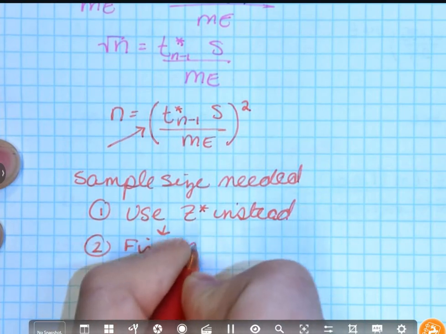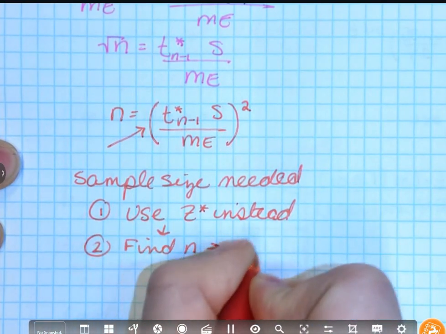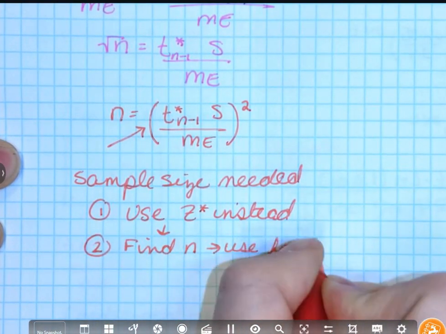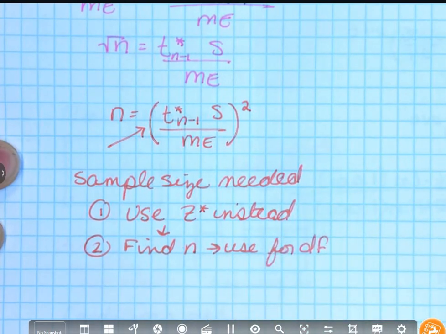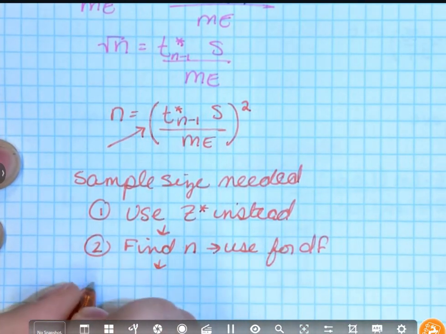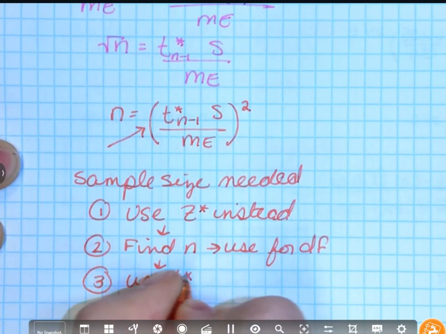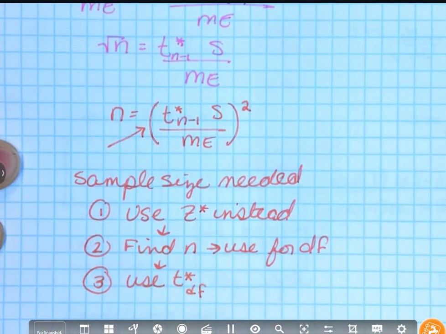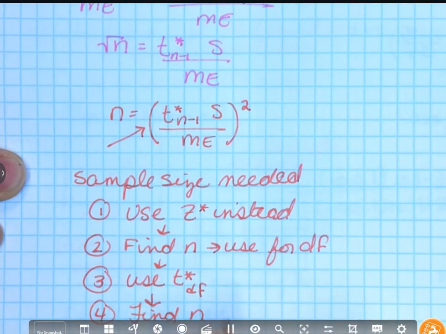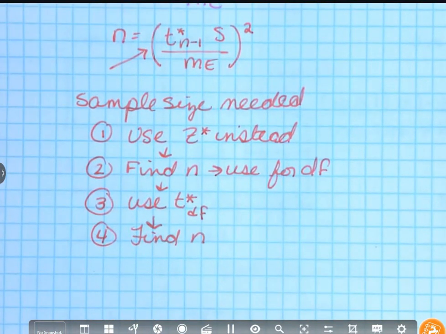Find n. Use it for the degrees of freedom. Then use T star with your degrees of freedom to find n. So those are our steps with this.